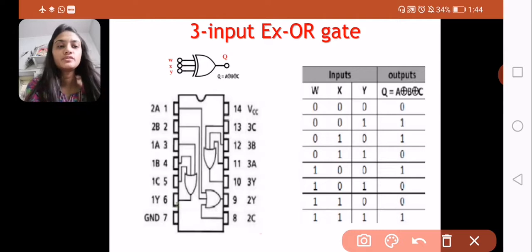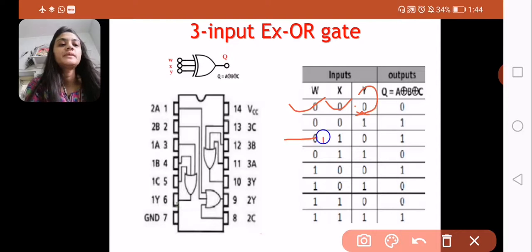First of all you have to perform the 2-bit XOR operation, and then the answer of it will be XORed with the 3rd bit. For example, let us take this case.